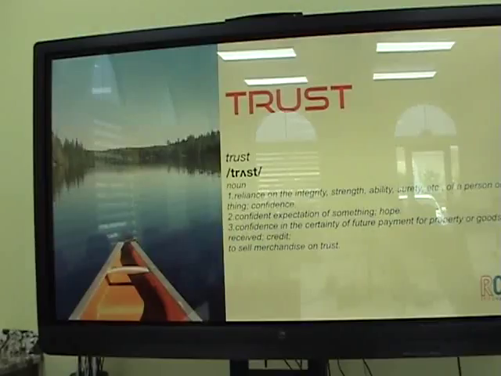If you look at trust: integrity, strength, ability and surety of a person or a thing. Today, the reason why Amazon is successful is because of some of those things. You trust the integrity of your provider, don't you? You trust his strength. You trust his ability.